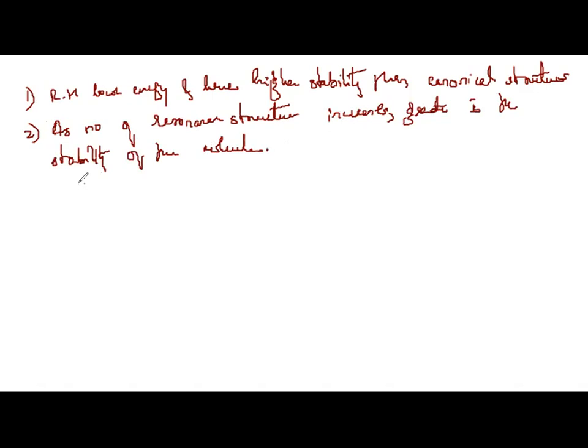Now, what is this resonance energy? Yes. The difference between the energy of the resonance hybrid and the most stable resonance structure. See, we have resonance structures, canonical structures, and we have the hybrid.